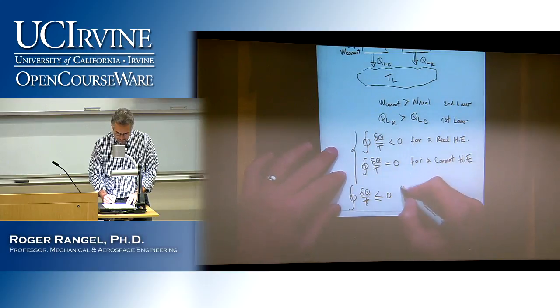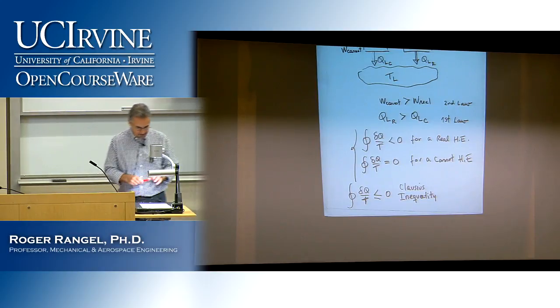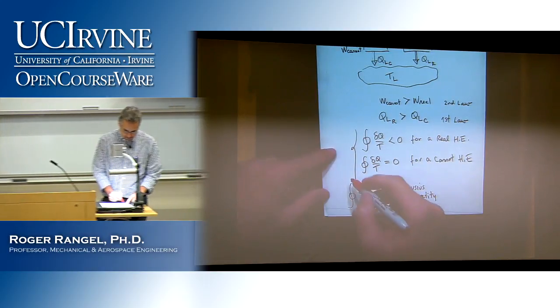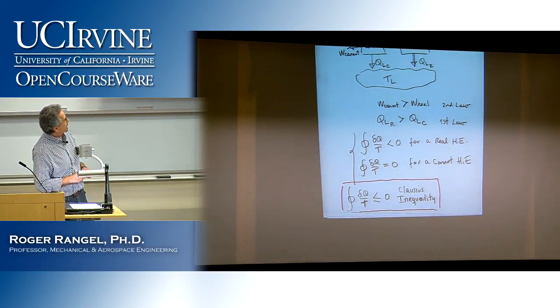And we call this the Clausius inequality. And you have to know, of course, when it's less than and when it's equal. But you know that it's in the lines above, right?